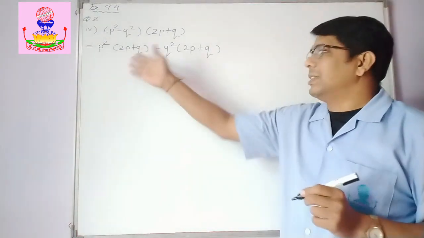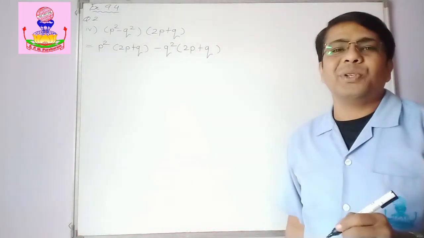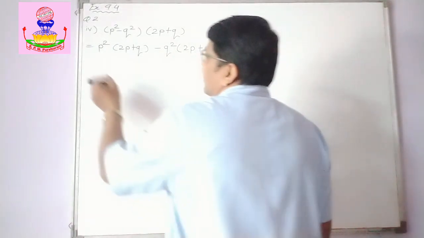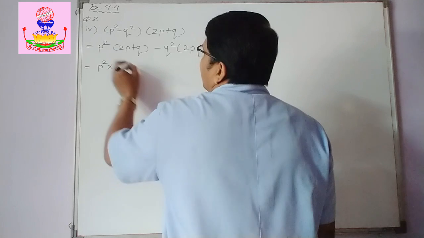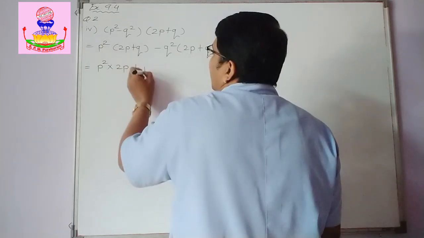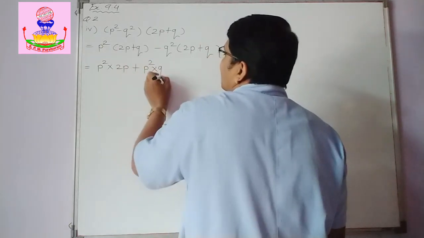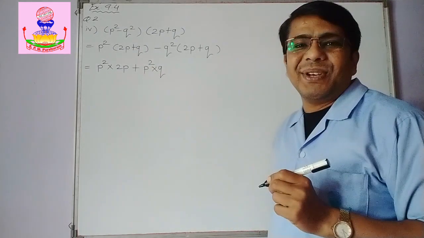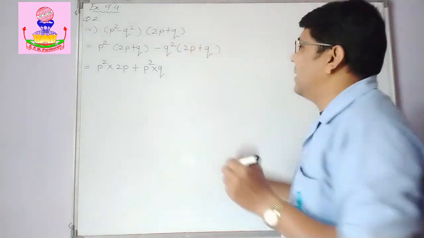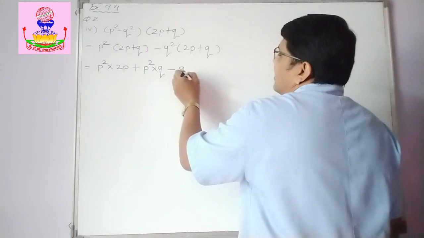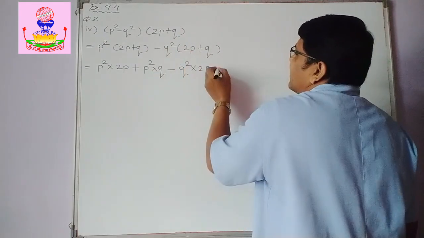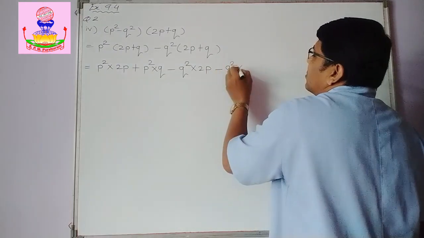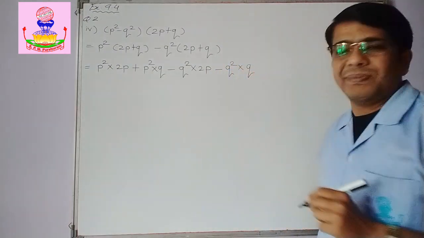Okay, now open the brackets and again multiply monomial by a binomial. Okay, so p square into 2p, plus into plus, plus, p square into q. Now naughty fellow is there. So minus into plus, minus q square into 2p, minus into plus, minus q square into q.